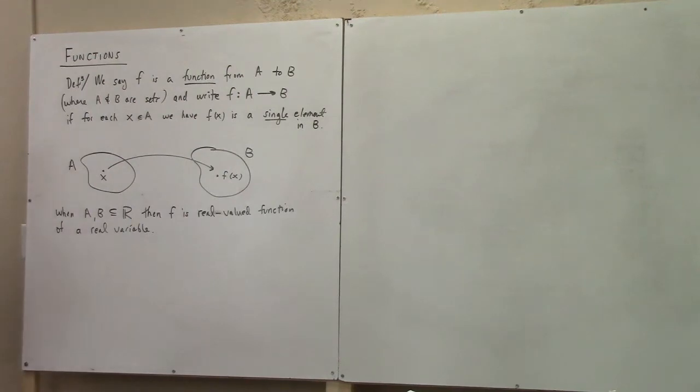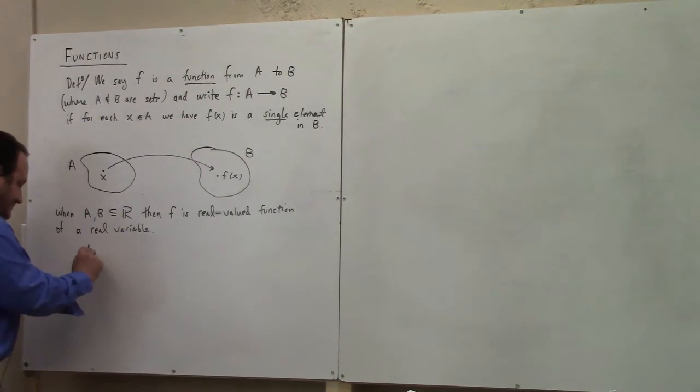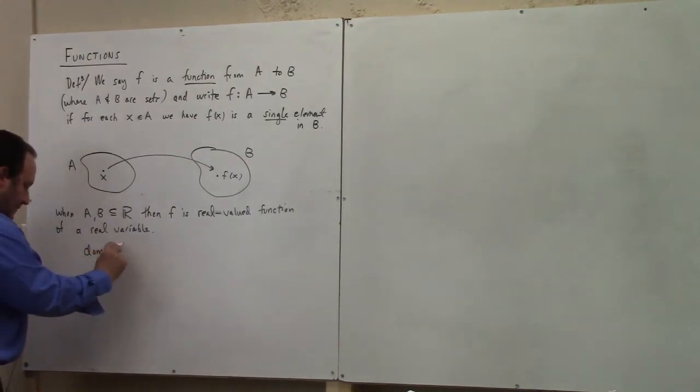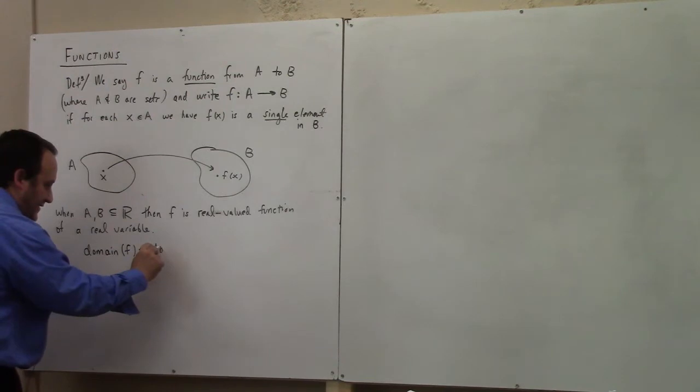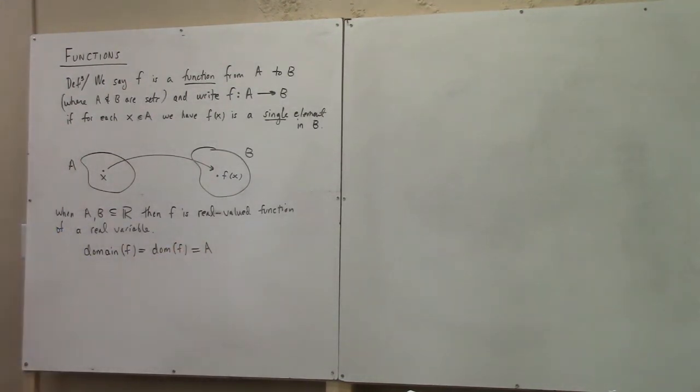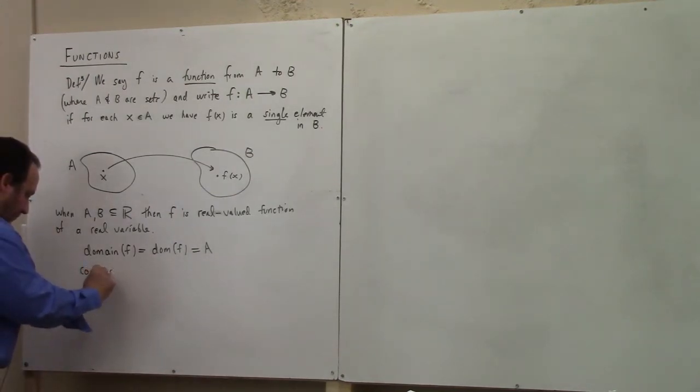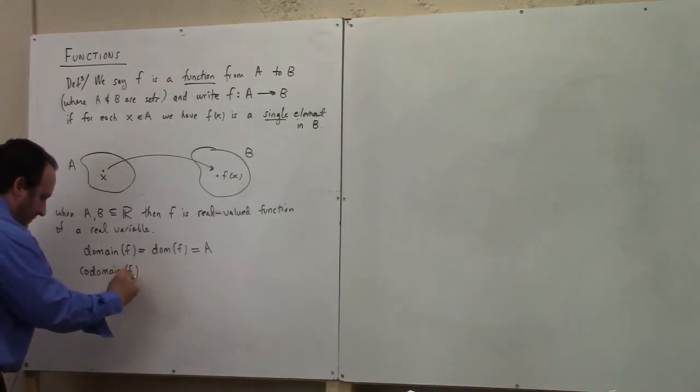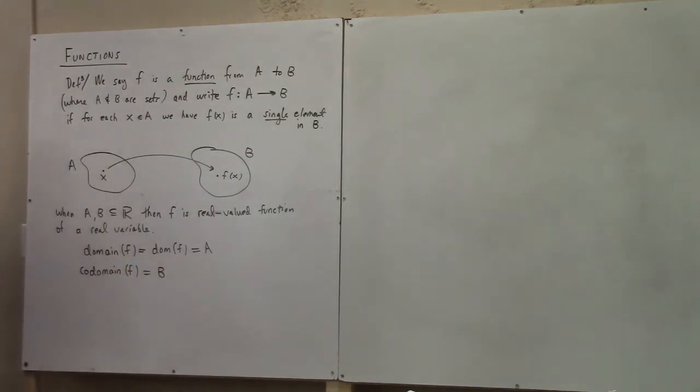All right. Furthermore, we say that the domain of f, which we'll also write as dom f, is the set A, all right? Whereas the codomain of f is, by definition, B. You probably have not seen codomain discussed before. That might be something new for you.